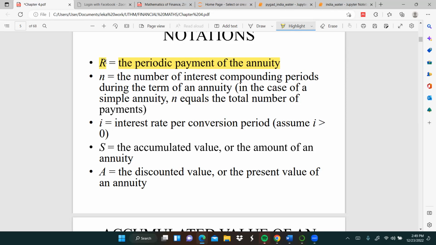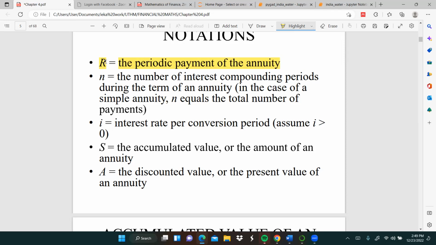Kalau kita guna bulanan, kena kira berapa bulan, the total number of payments. Kalau kita guna tahun, yearly, berapa tahun tempohnya tu. So total N kita kena pasti.